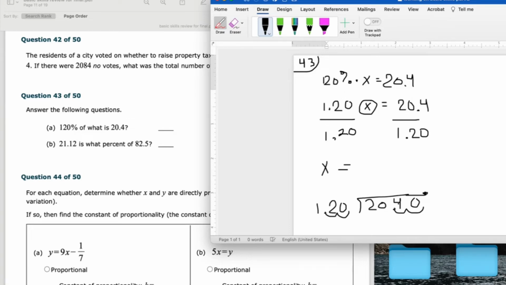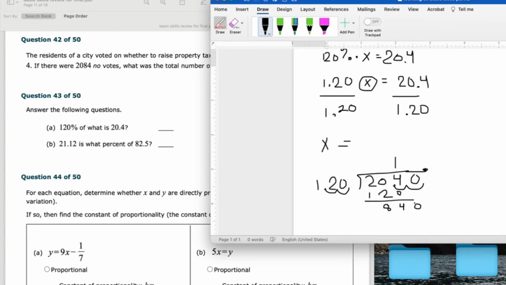120 will go into 204 one time, leaving 120. We subtract that to get 84, and then bring down the 0. 840. 12 into 84, let's try 7 times. 7 times 2 is 14, carry the 1, 7 times 1 is 7.